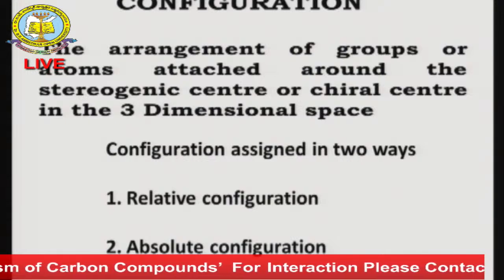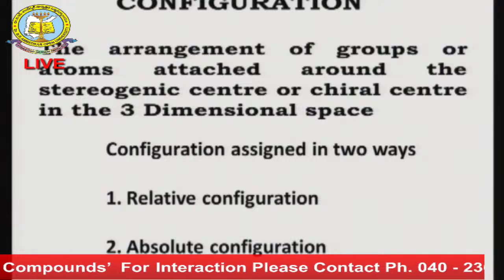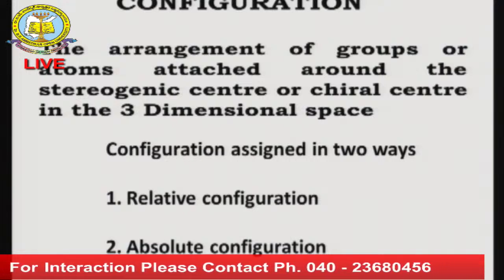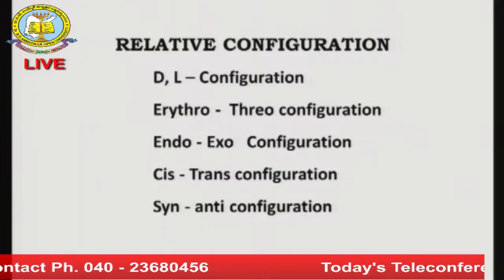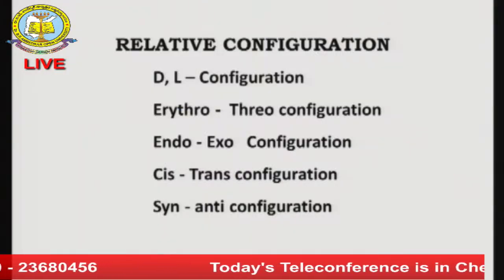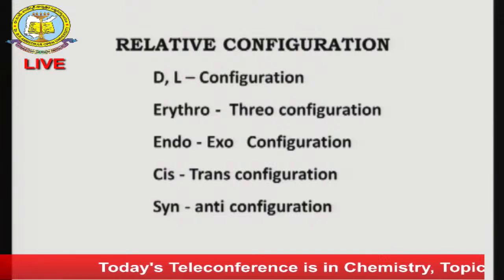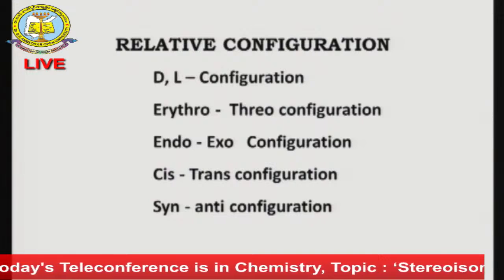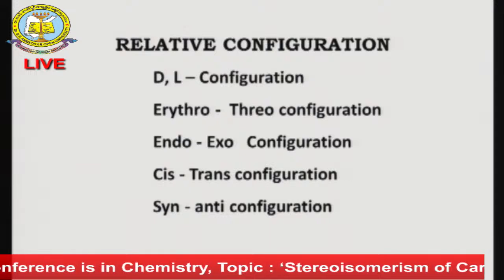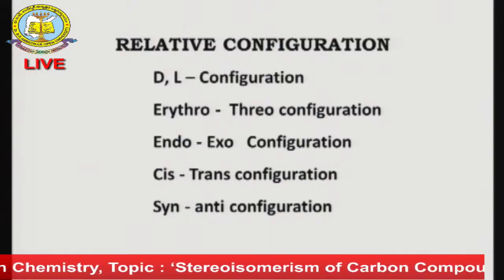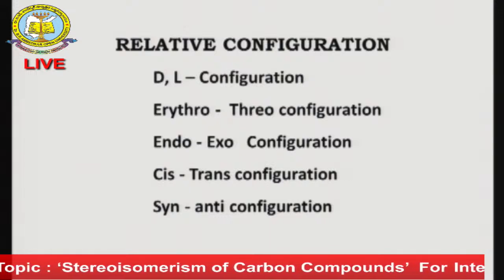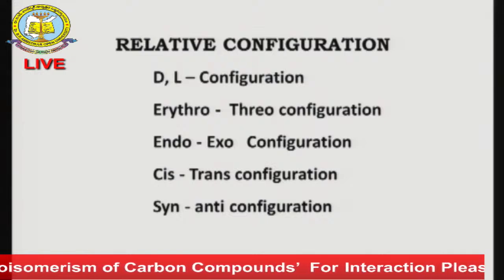This configuration can be in two ways. The first is relative configuration and the second is absolute configuration. In relative configuration, the name itself suggests we take one reference, compare our compound with it, and relate it, then we can decide the notation or configuration.